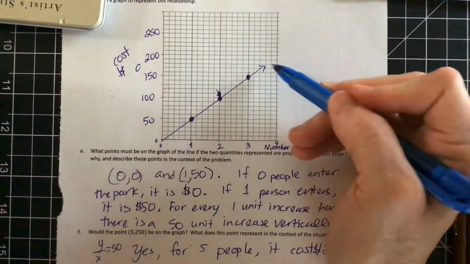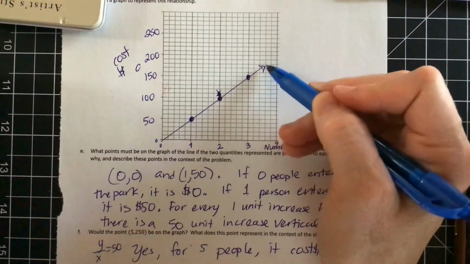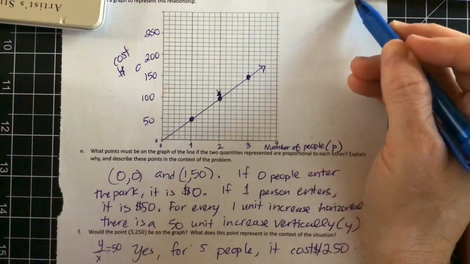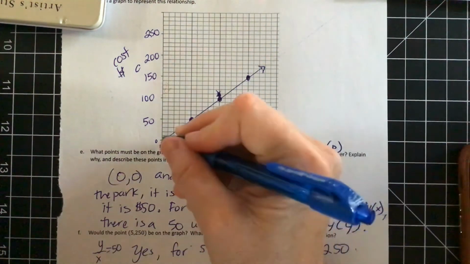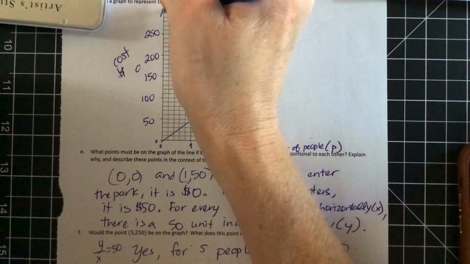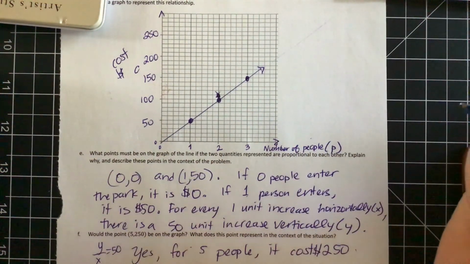Yes, it will be. That's why when you graph something, you have a line that has an arrow, meaning it's going to go on and on and on. Also, when you're creating a coordinate plane, usually the y-axis goes on and the x-axis goes on and on. So you would be able to realize that it is on the line.